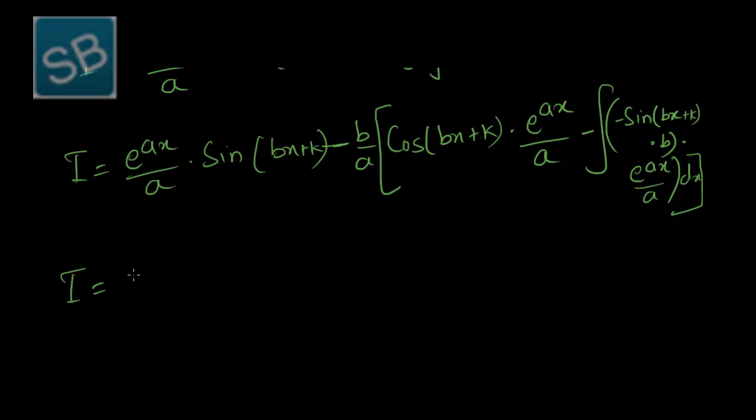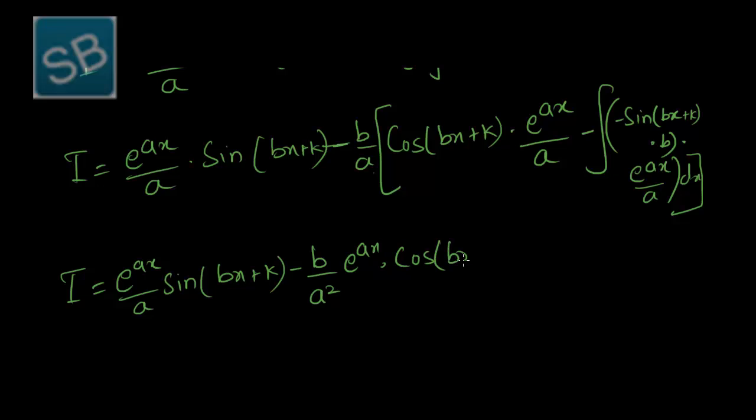So I is equal to e raised to power ax over a into sine of bx plus k minus b over a square e raised to power ax into cos of bx plus k.